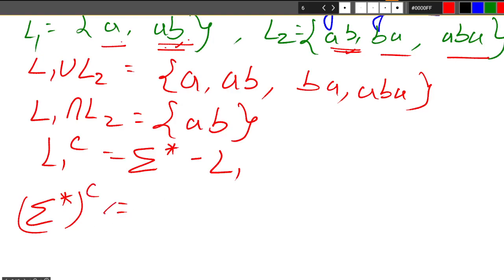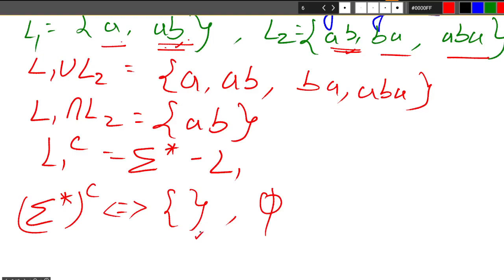I think it should be empty. You should get an empty set. Epsilon is actually a null string. The null string is still a string, but the set is empty. It can also be represented as phi. This is an empty set.